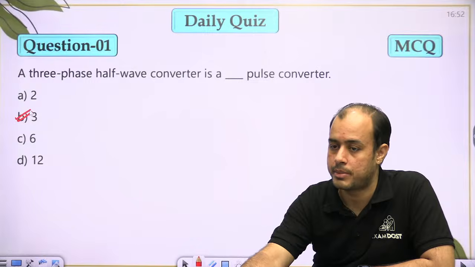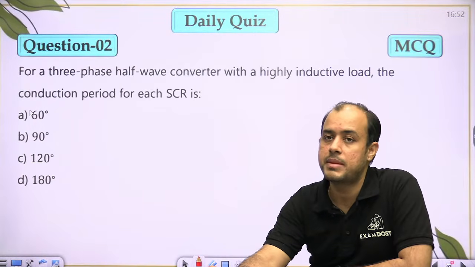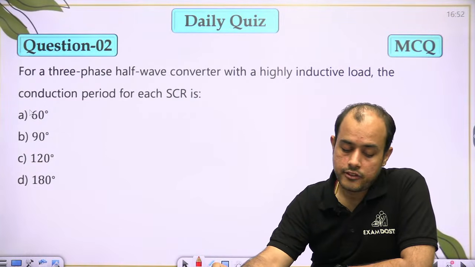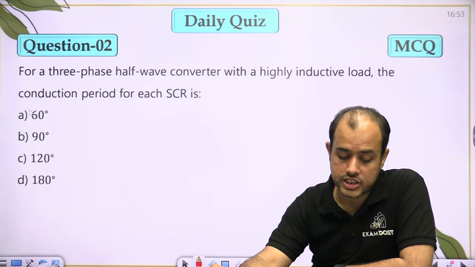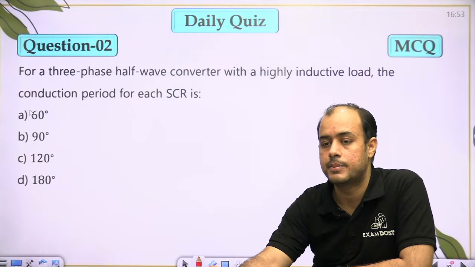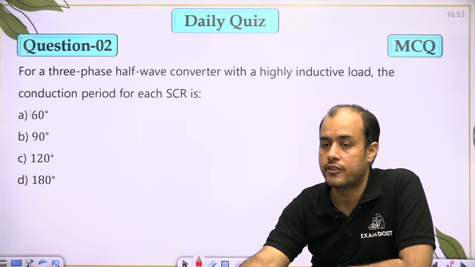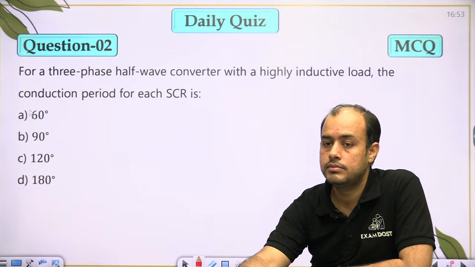Because at 30 the forward biasing starts. Forward biasing comes when its input voltage is maximum, that is, higher than the others. For a 3 phase half wave converter with highly inductive load, what is the duration of conduction for each SCR?